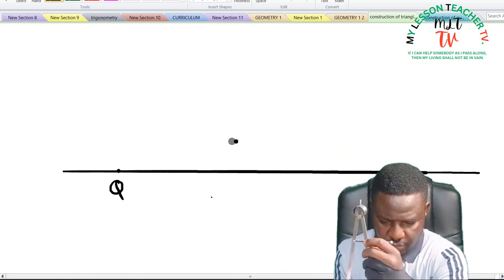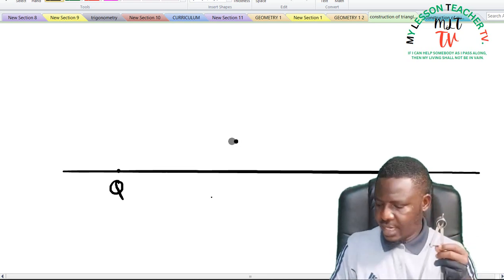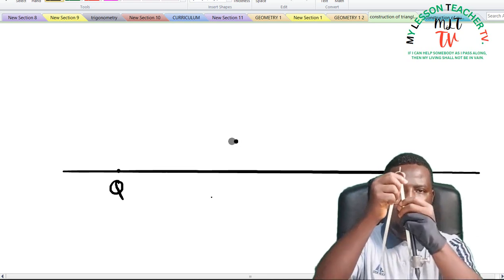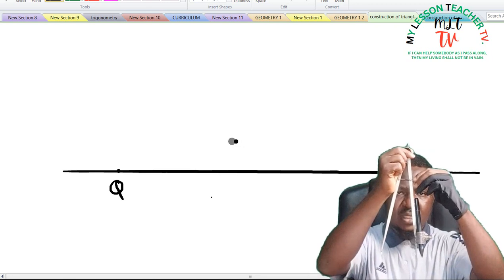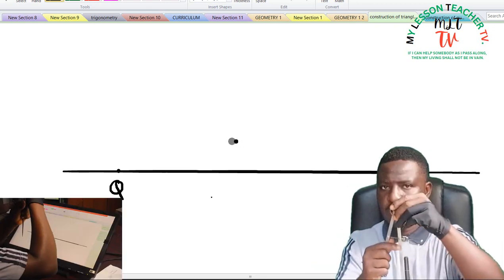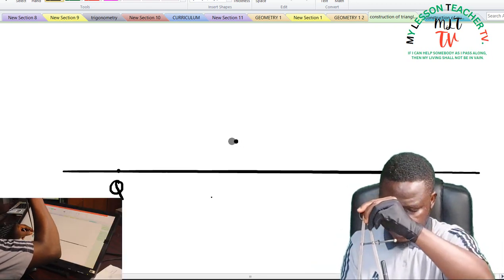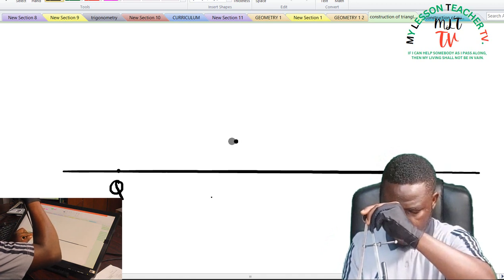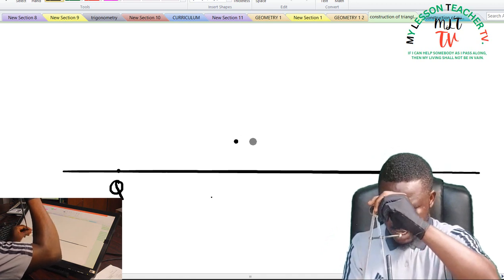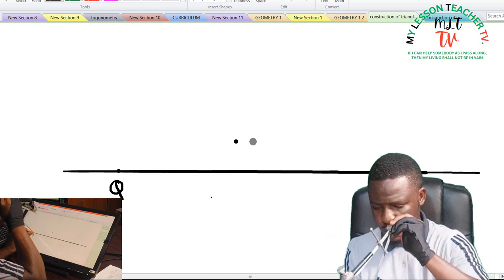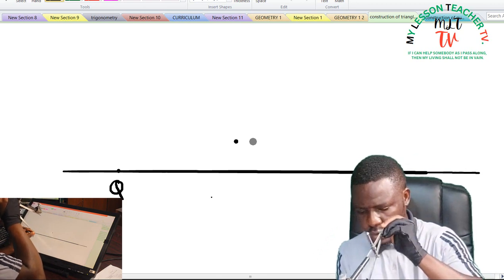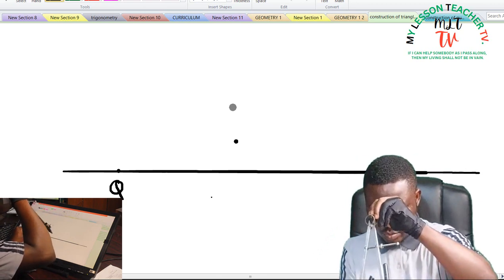Okay, so I have gotten my 11 meters and I've tightened my compass such that it doesn't move. So with point Q as center, I'm going to construct the arc. So this is center Q.